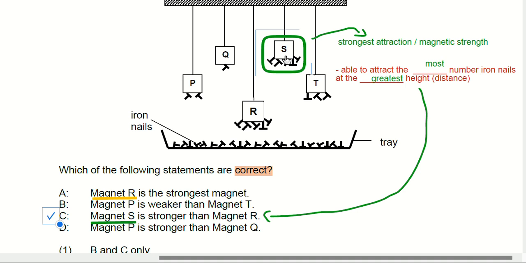Which leads me to statement A. Statement A saying R is stronger is false, it's not correct.